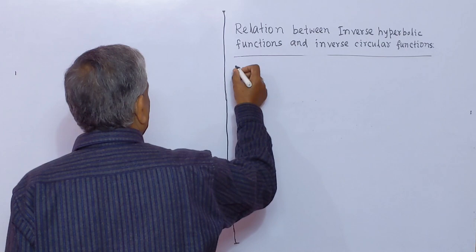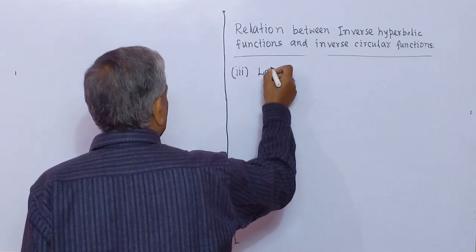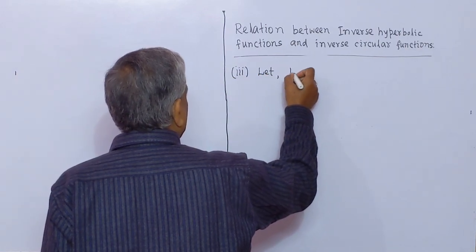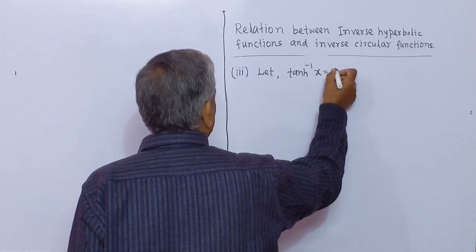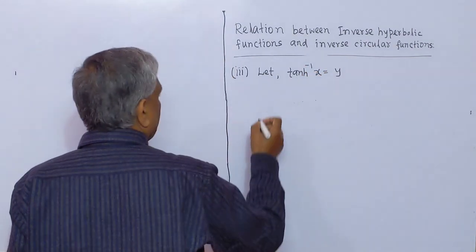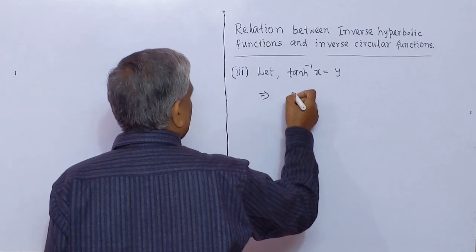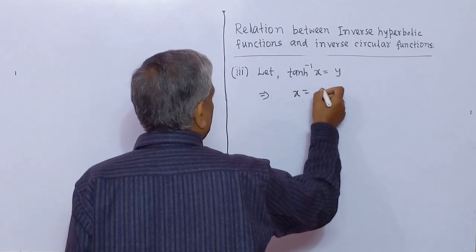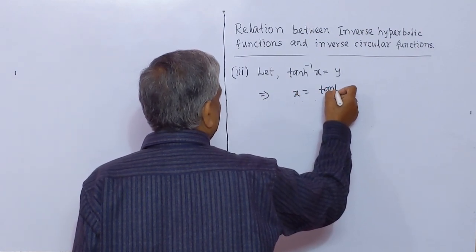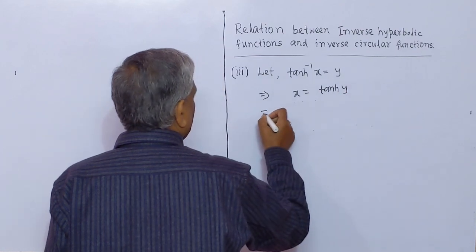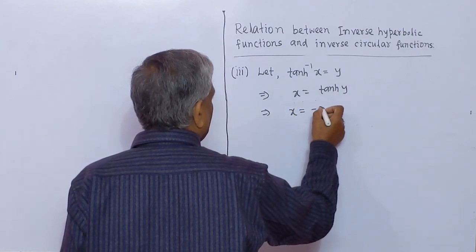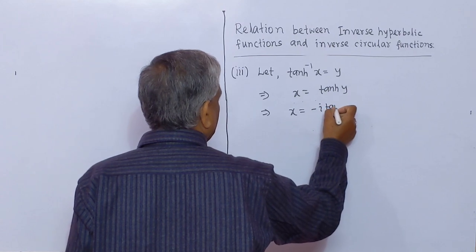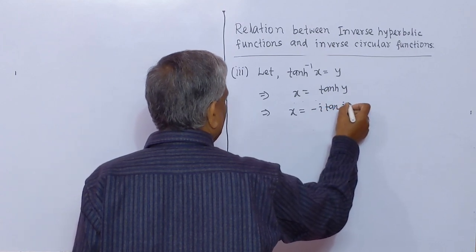Number 3. Let tan hyperbolic inverse x equal y. This implies that x equals tan hyperbolic y, which equals minus i tan iy.